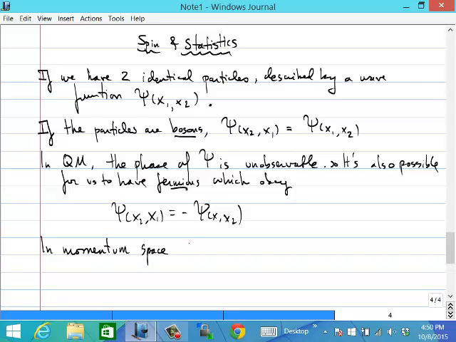So for example, in momentum space, you could imagine a two-particle state with one particle of momentum p1 and another particle of momentum p2. You could write down a wave function in that basis. And then for bosons, if you interchange the two particles, you would get a plus sign. And for fermions, you would get a minus sign.